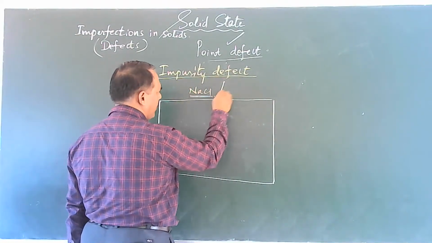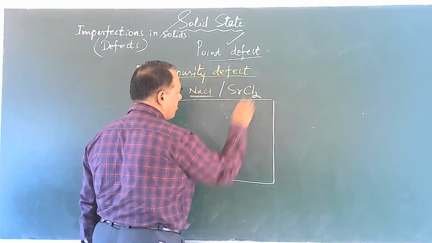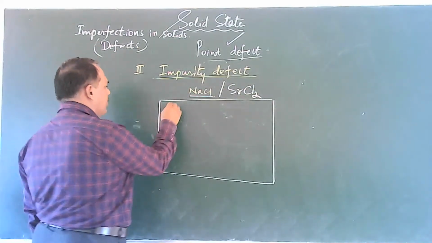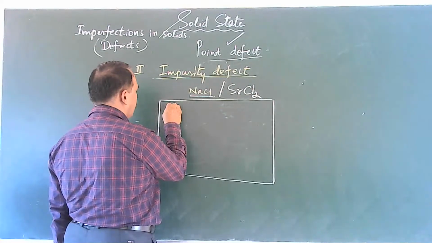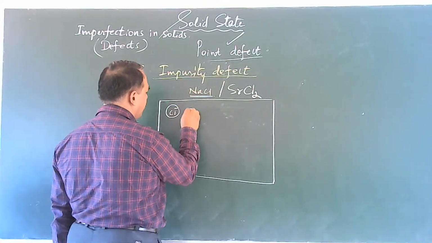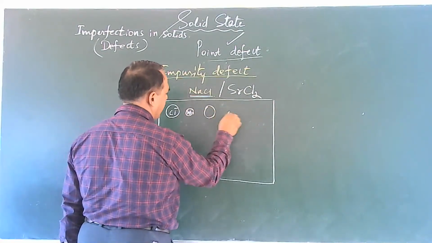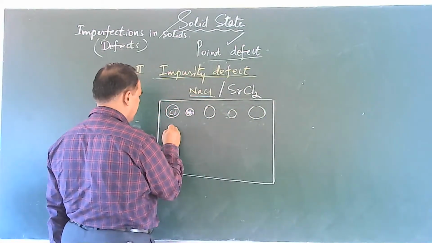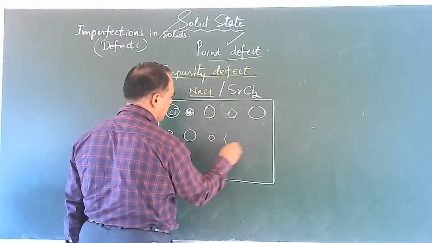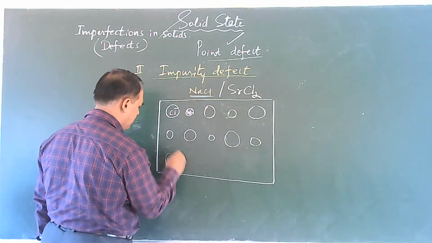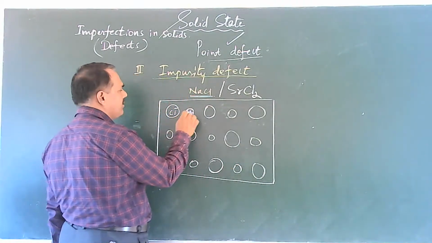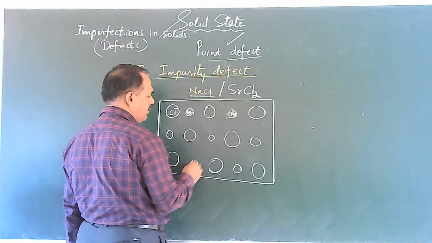During the crystallization of sodium chloride, suppose strontium chloride is present as an impurity. We can find Cl minus and Na plus, where a large number of sodium ions are present.